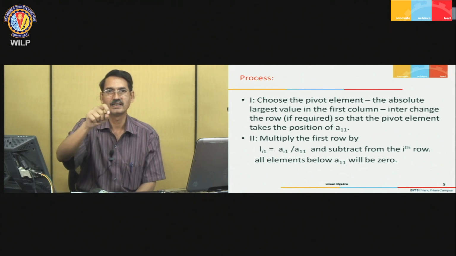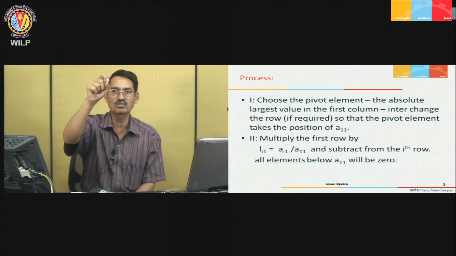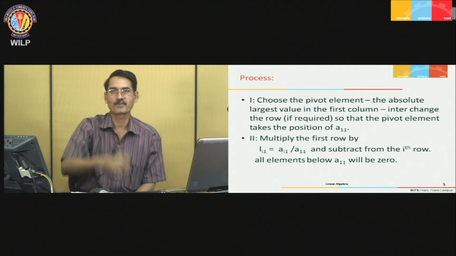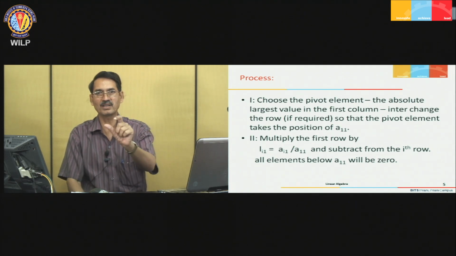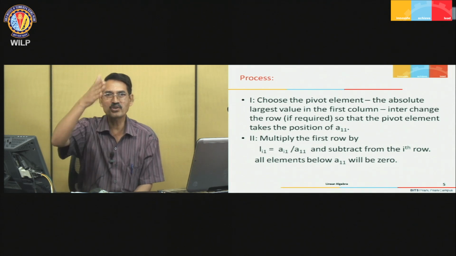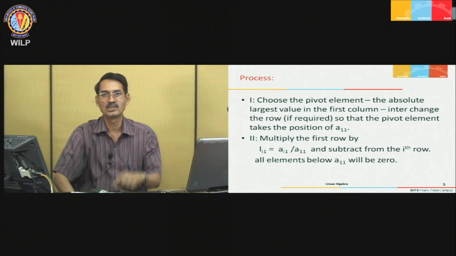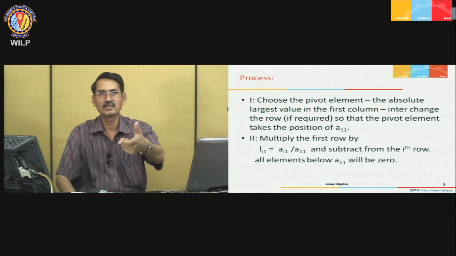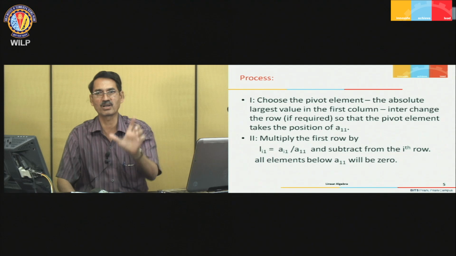So, if A11 is numerically largest, then it is the pivot element, and if it is not, then look at the first column, which one is the numerically largest, and interchange the rows so that you bring the pivot element to the position of A11.